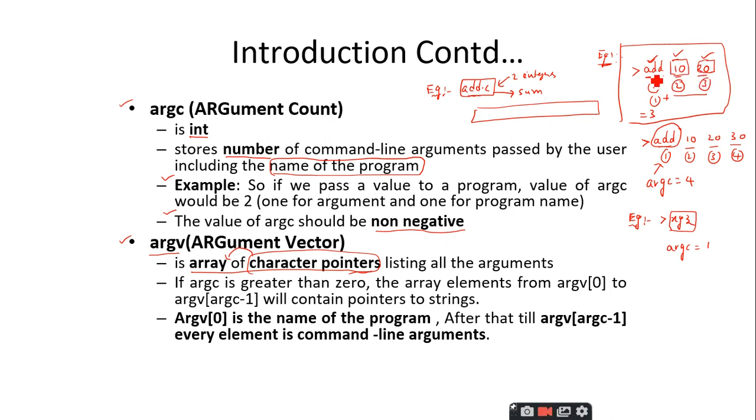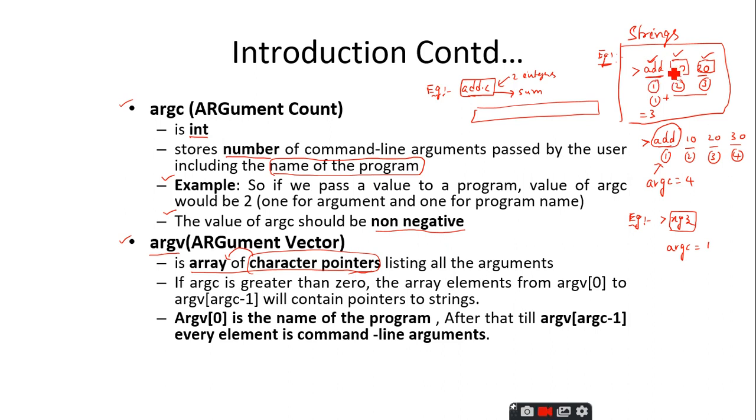So, whatever you give in the command line, everything will be stored inside the argument vector, and remember that everything will be stored in the form of strings. This is a very important point.